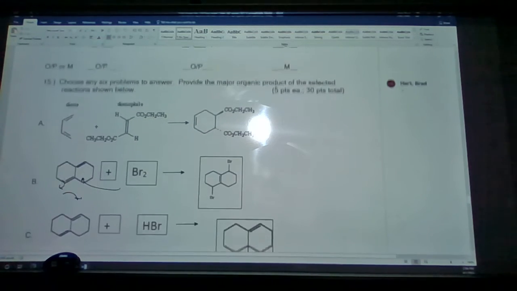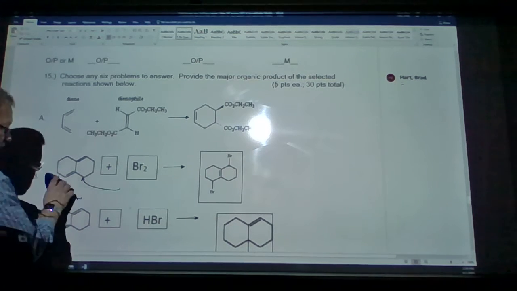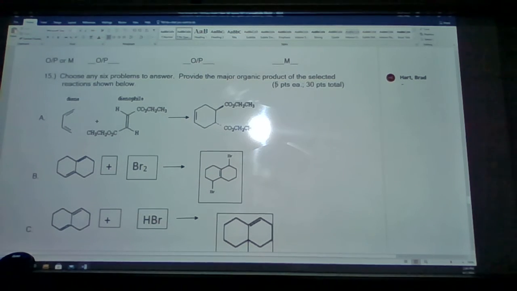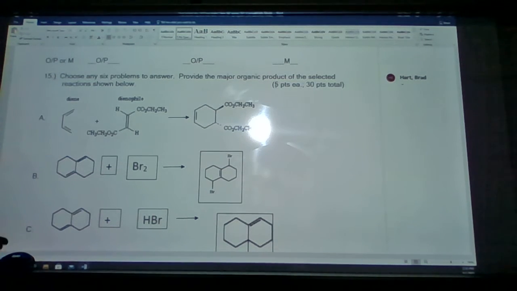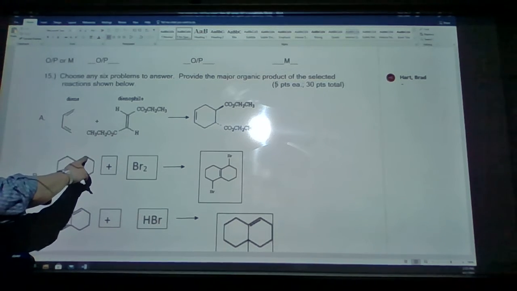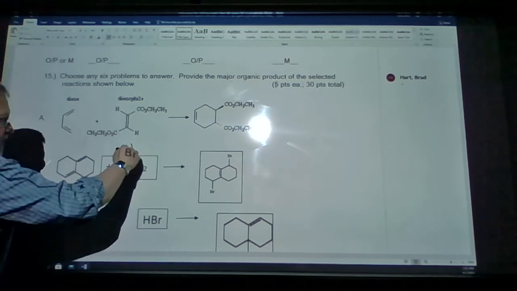Number B. This is 1,4 addition of bromine. Higher temperatures. 1, 2, 3, 4, depending upon how you want to label it. The bromines add 1,4 at high temperatures.